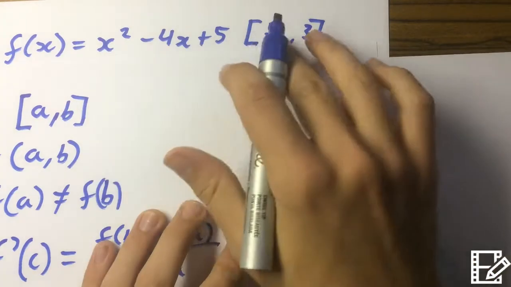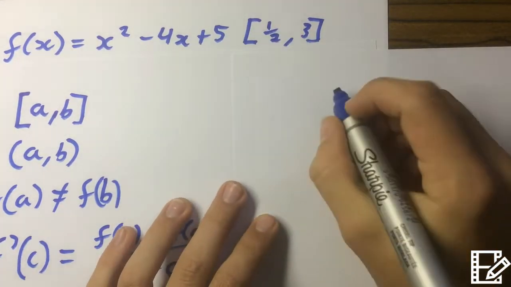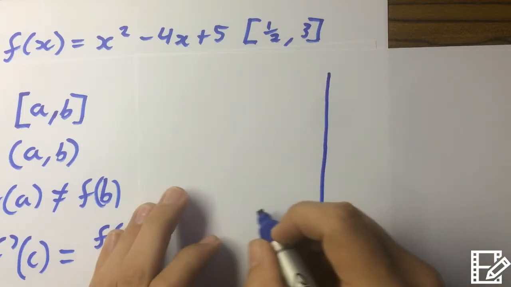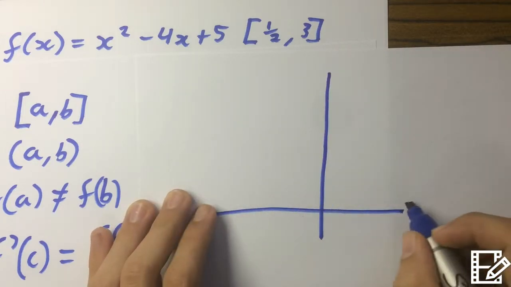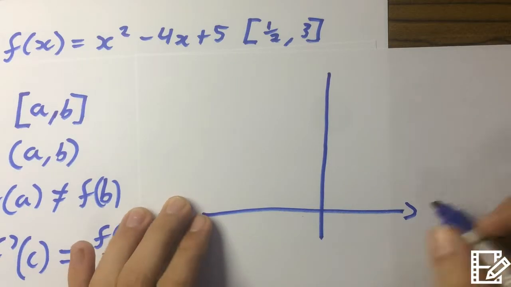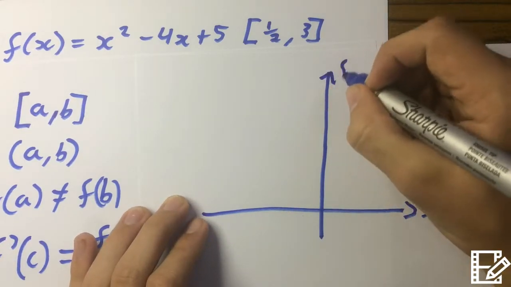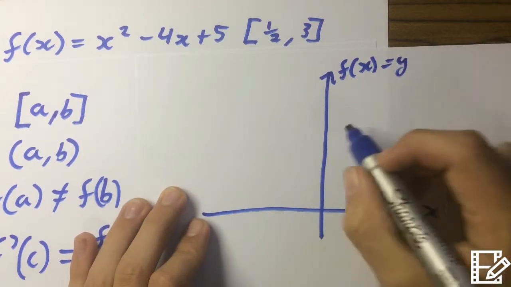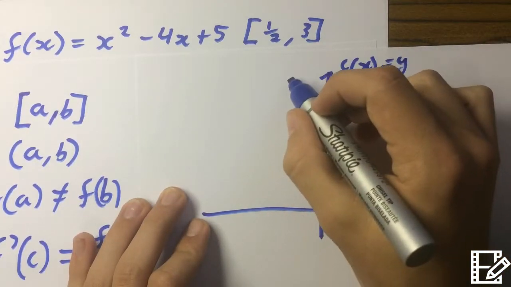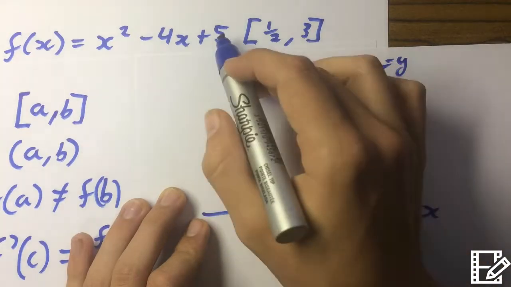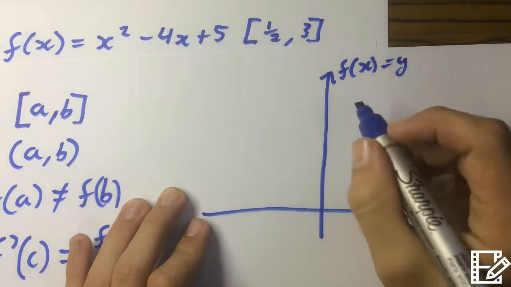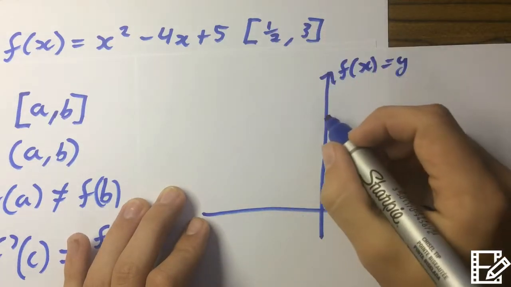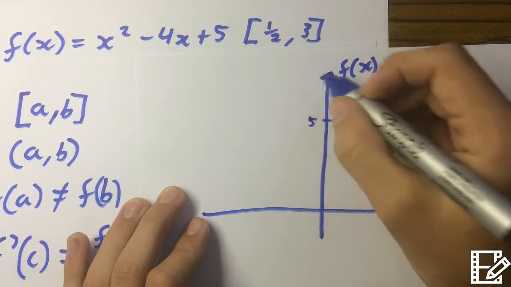So this function here will look a bit like, let's see if I can draw it. There's our x, and this is our function, or our y values, and it comes in, well, we know that it comes in at a point of 5, because that's the y-intercept, but that's not where we're looking from.